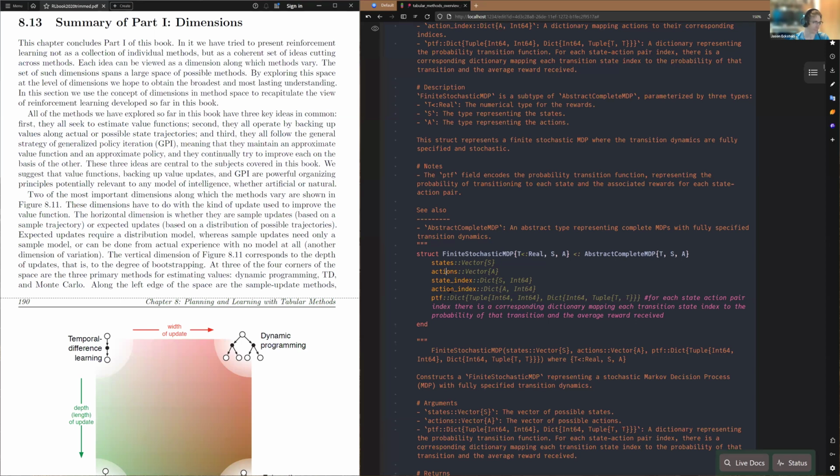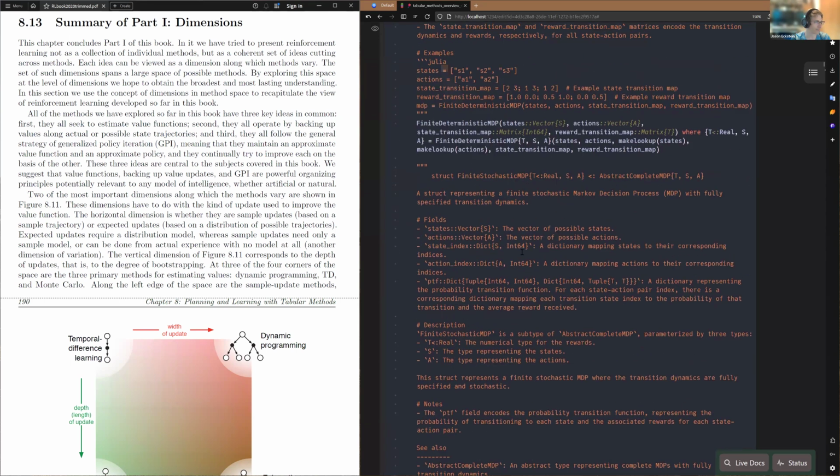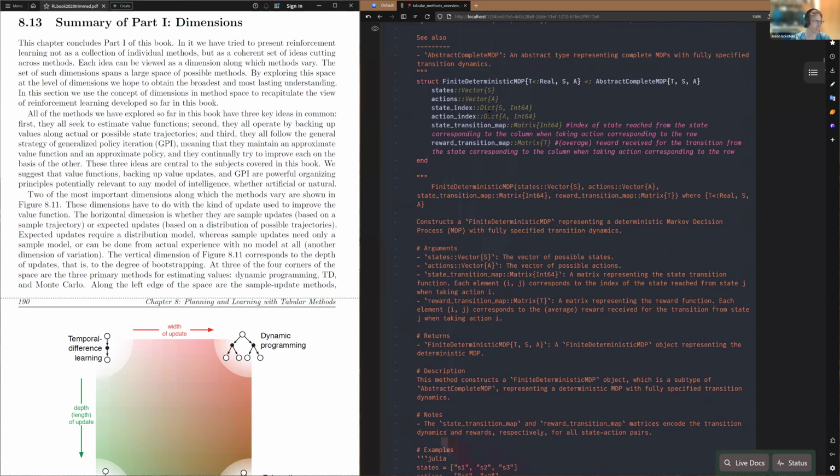And then these are just lookup indices for convenience, so that you can pick a state and index it easily, and you can easily go back and forth between the state itself and the index of the state. So are there any questions about how I'm defining these?